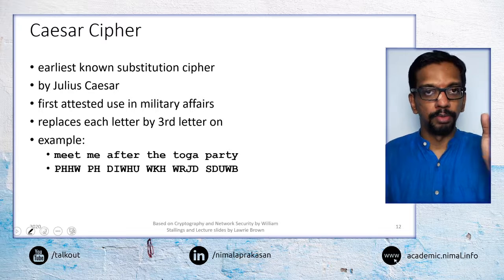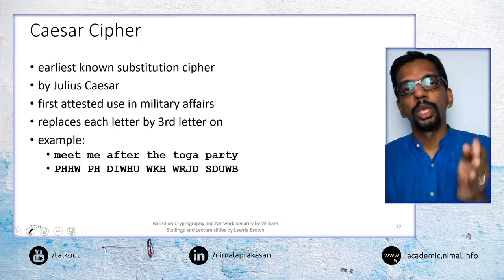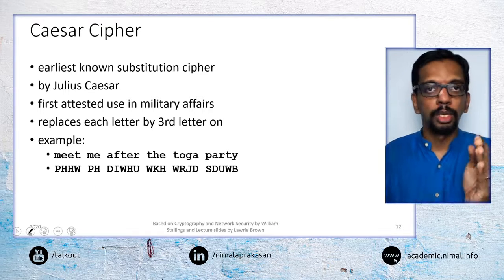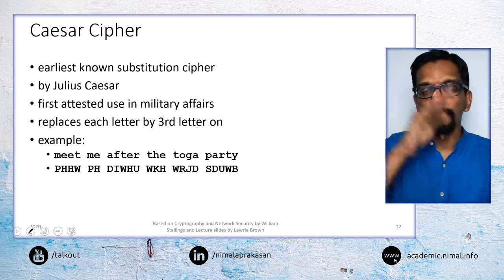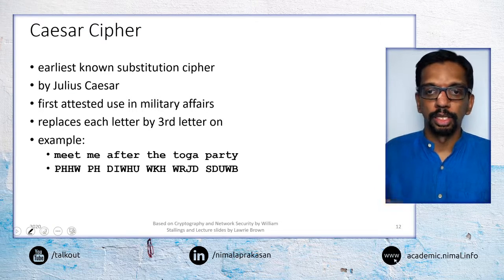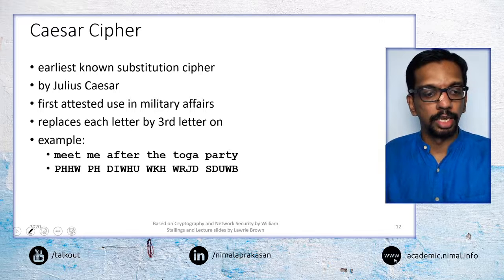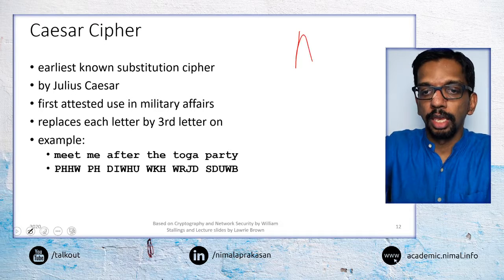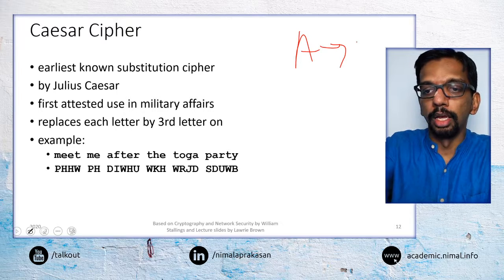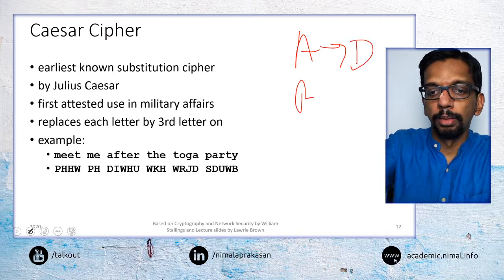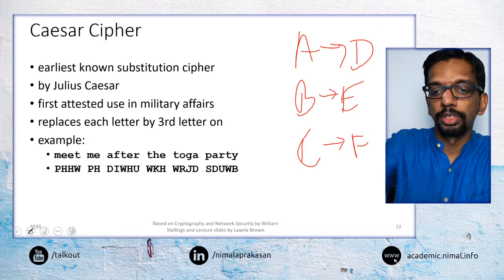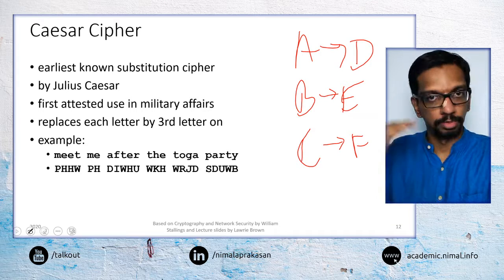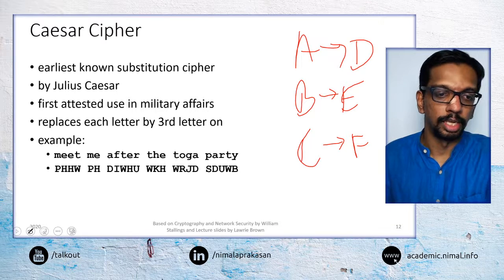For example, we will replace A with D, then B with E, C with F. So A would become D, B would become E, and C would become F. That is the basic conversion for the Caesar cipher.